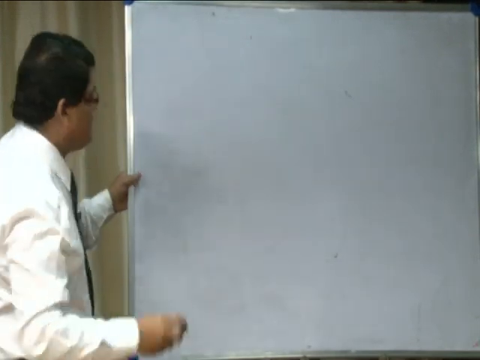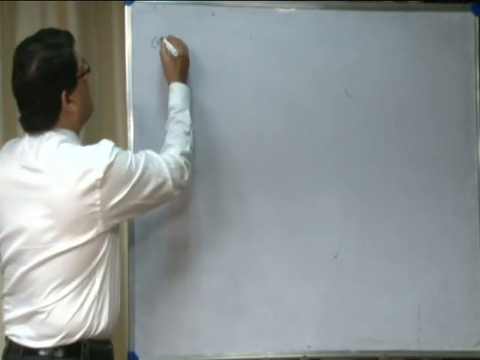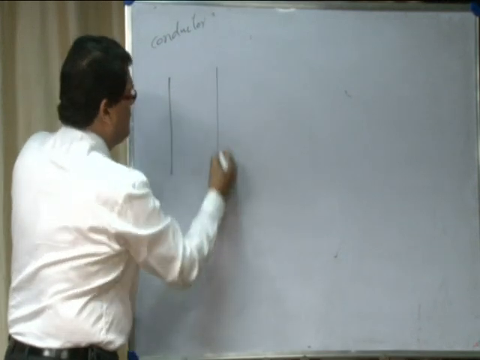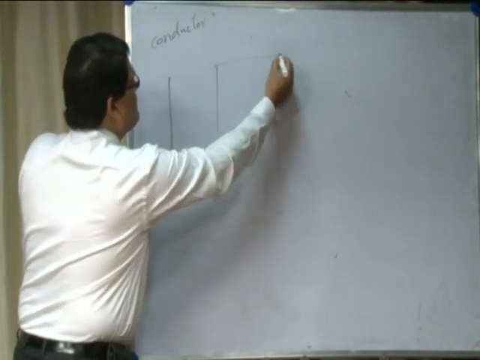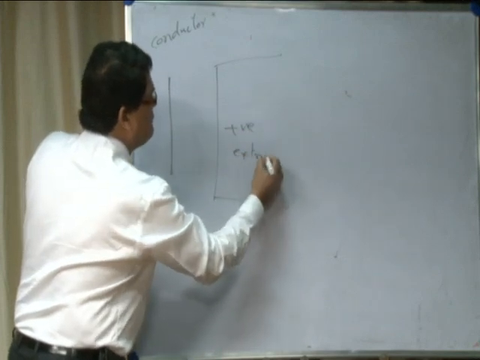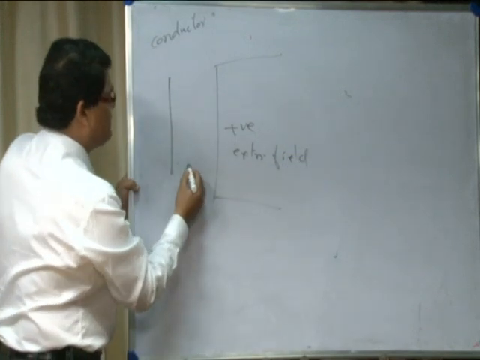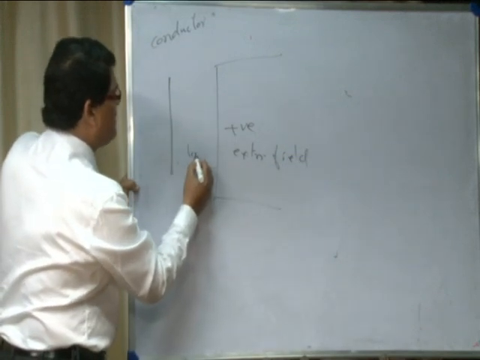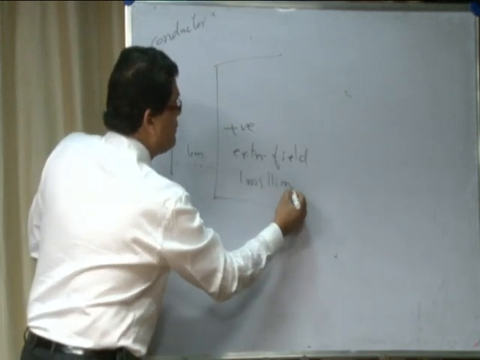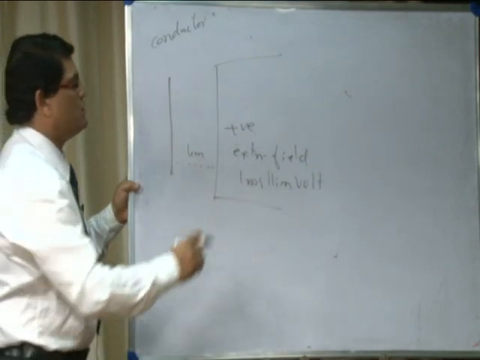you have a conductor, a metallic conductor. Now, an external field, say for example a positive external field, is applied. Suppose the distance between them is about 1 centimeter, then nearly 1 million volt positive is applied.